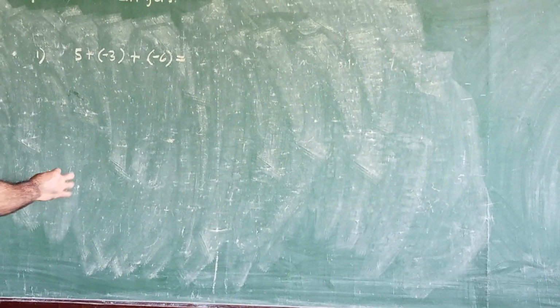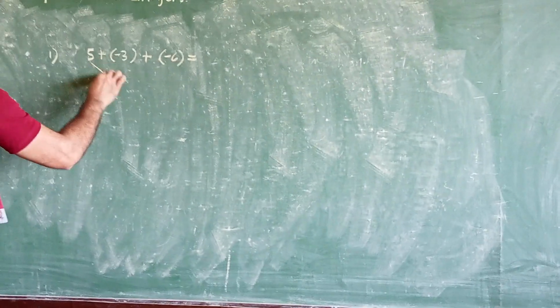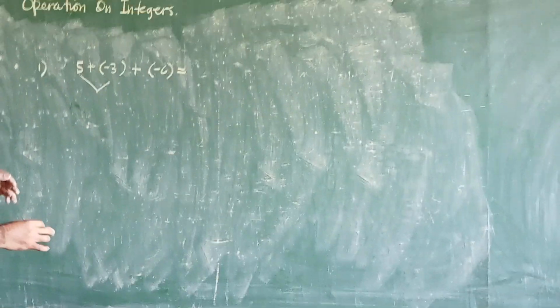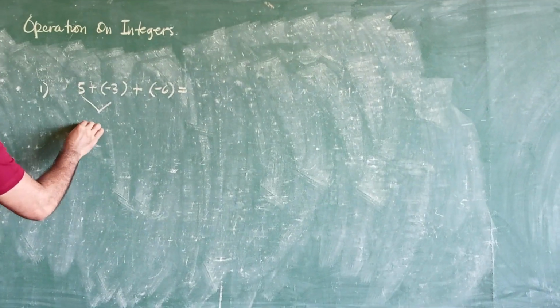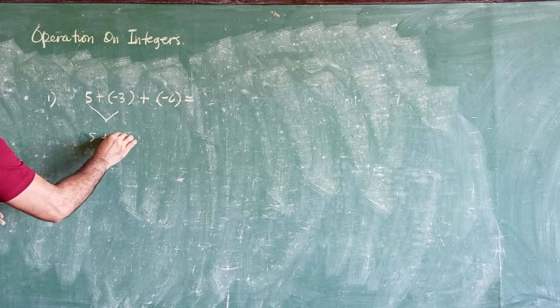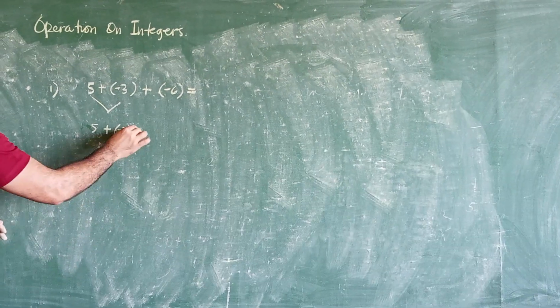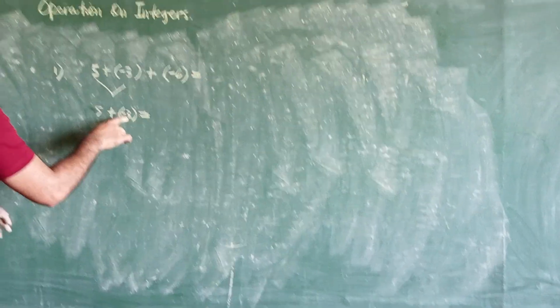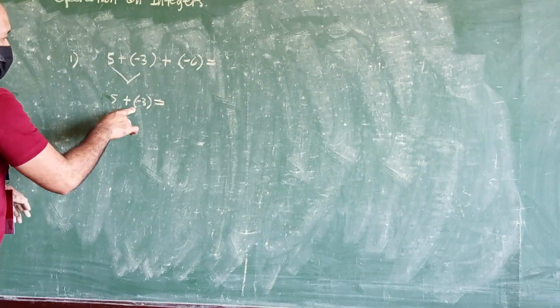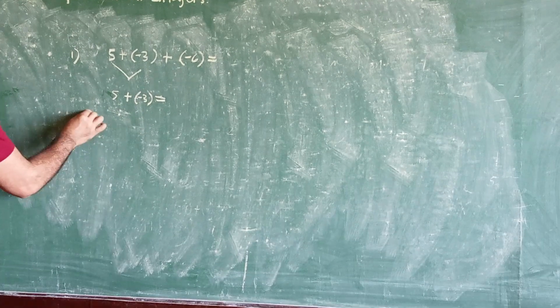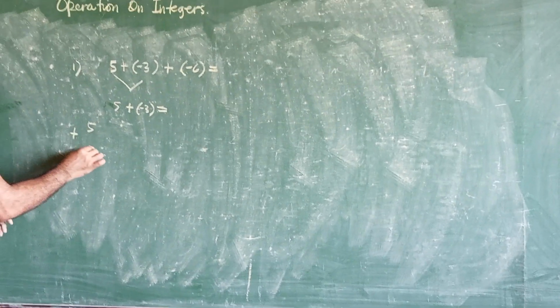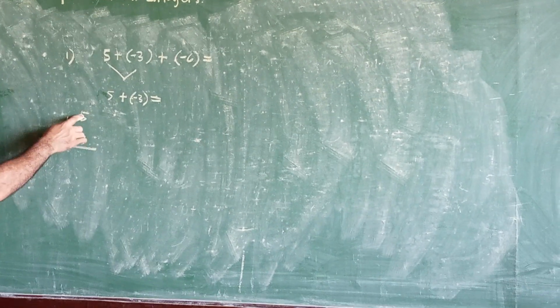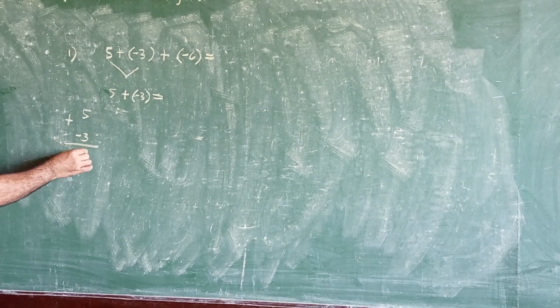Either you add these two integers first, for example, 5 plus negative 3. Since you are adding two integers with unlike signs, you are going to get their difference. The difference between 5 and 3 is 2.